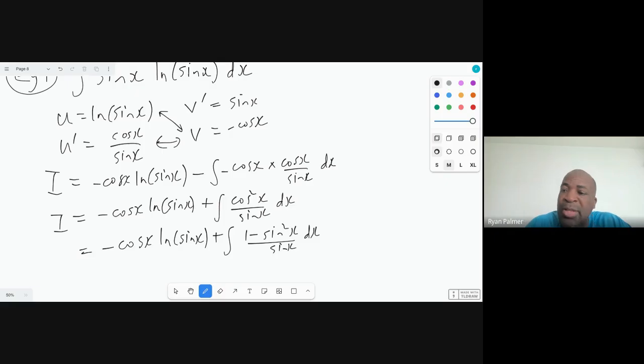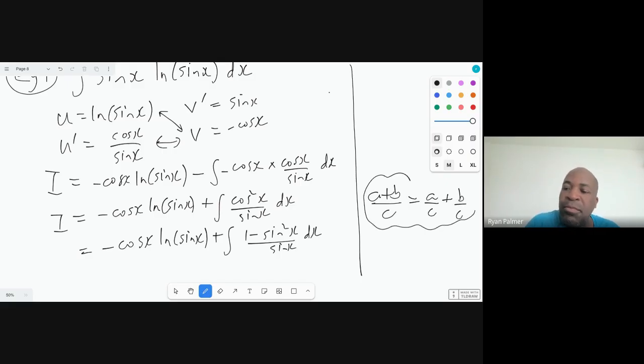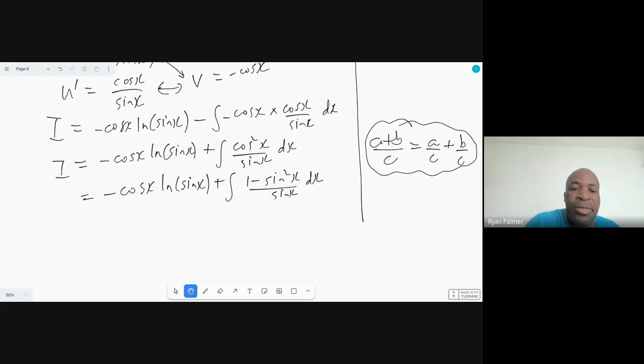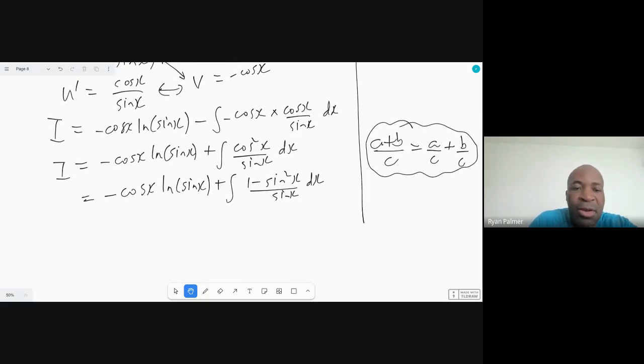So let's tidy this up a little bit. We're going to use the following result: we know that if we have a plus b over c, this is equal to a over c plus b over c. So we're going to apply that now to 1 minus sine square x over sine x.